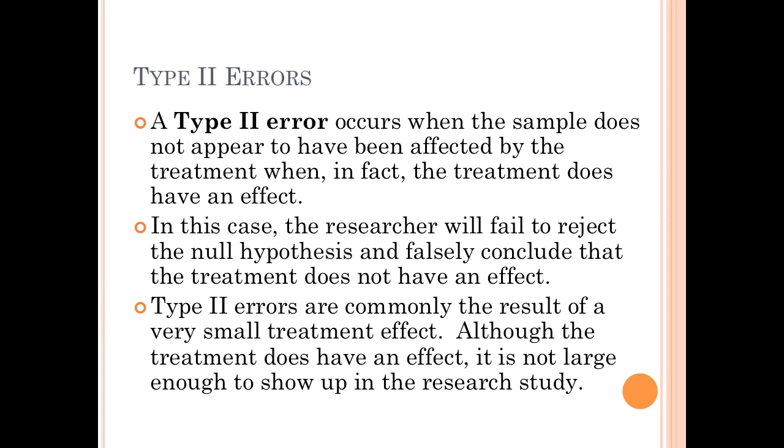Although the treatment does have an effect, it's not large enough to show up in the research study, or your sample size is so small you don't have enough power to detect that effect. I don't think he's going to be testing on power, so just keep in mind that sample size does have an effect on whether or not you'll be able to see a treatment effect.